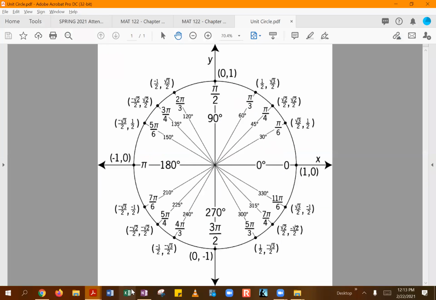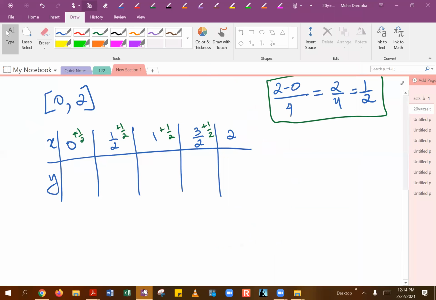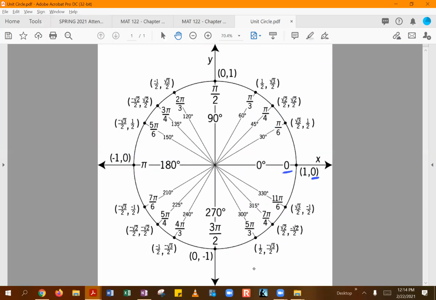For x equals 1/2, you're doing pi times 1/2, which is pi over 2. Sine of pi over 2 is right over here, which is the value of 1.